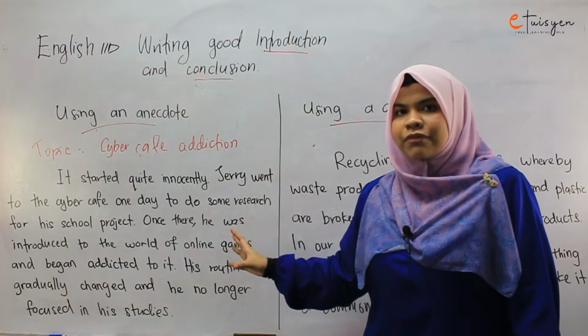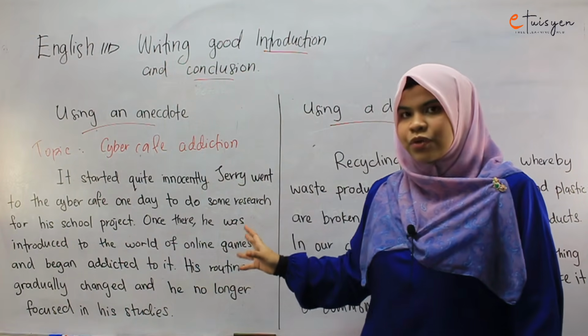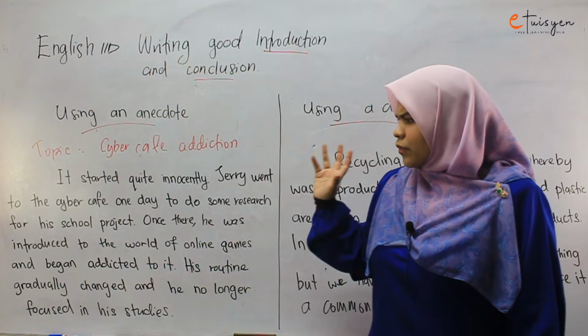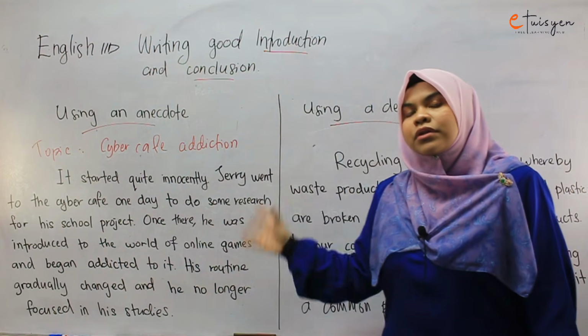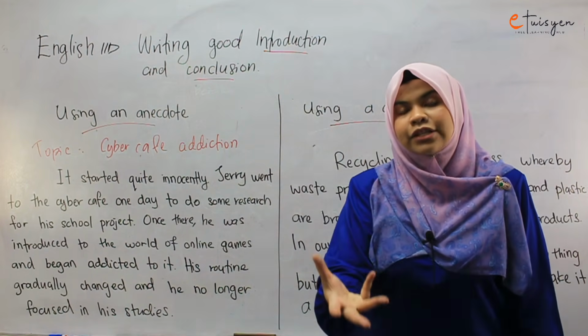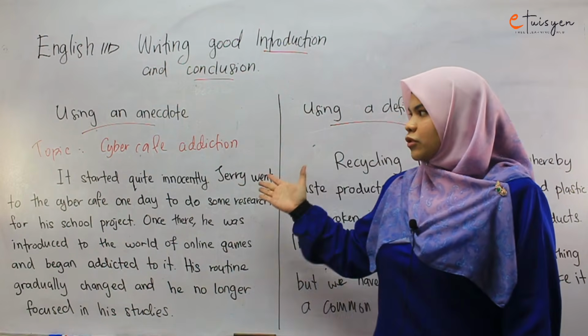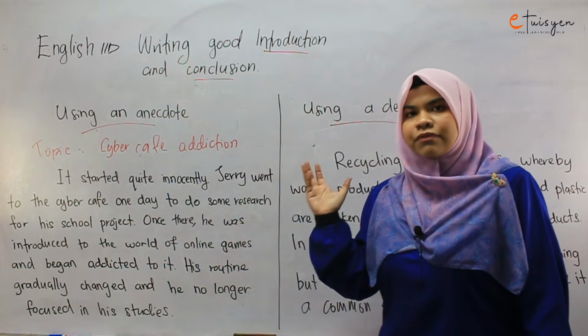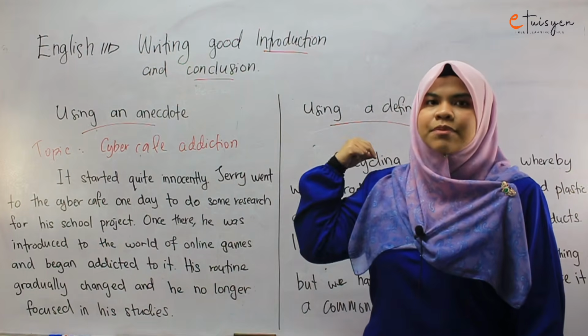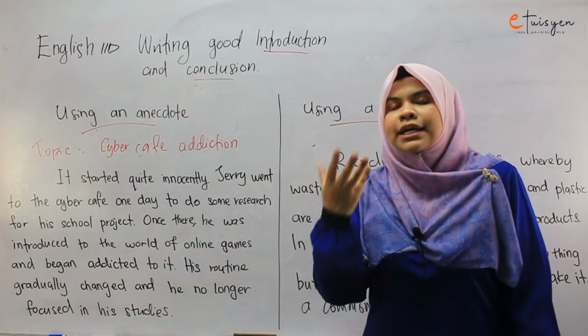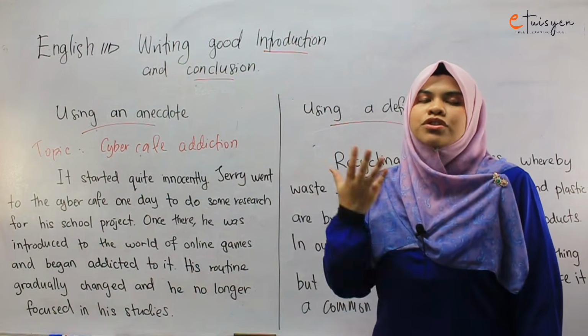Other than making it brief and eye-catching, because it's a story, you also have to be clear about what you are trying to relay to your readers. So if your topic is cyber cafe, or if your topic is like the second example, recycling, you have to be clear that your essay is about those topics.